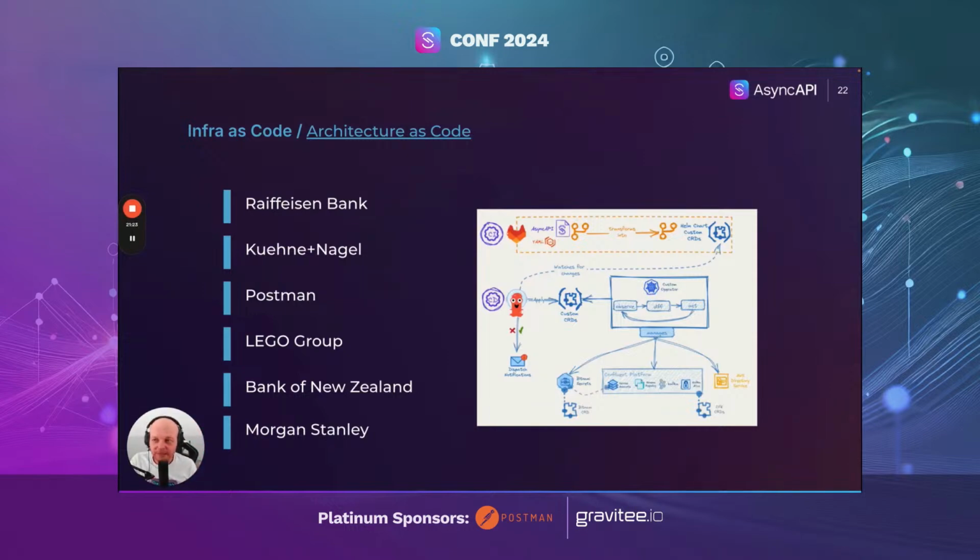Then some team puts it in a repo, then there's of course some listener, then CI starts whenever there's a change or a new AsyncAPI document. And what happens is that the Helm chart gets generated out of the AsyncAPI document, and then it's applied to the Kubernetes cluster.